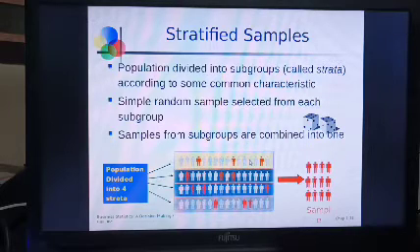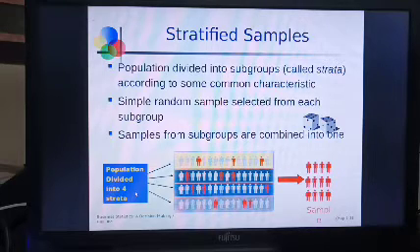Maybe he or she wants 12 out of the entire population. So because he decided to have 4 subgroups, then 12 divided by 4 is 3. So he or she selected 3 from each subgroup. This number depends on the researcher.